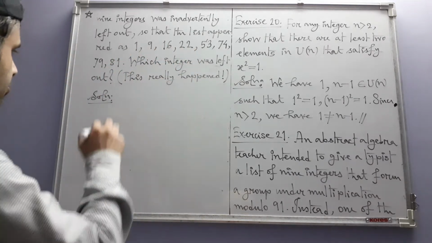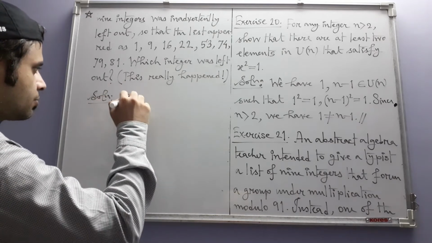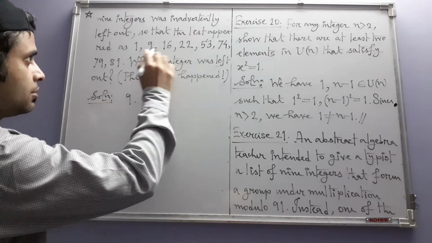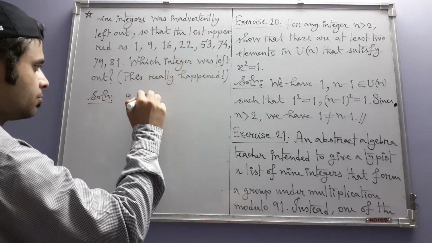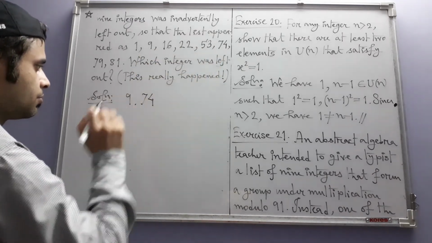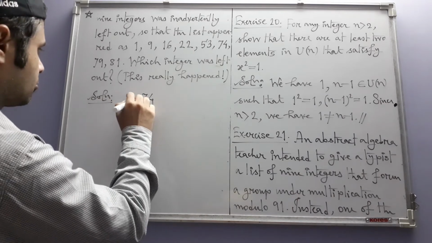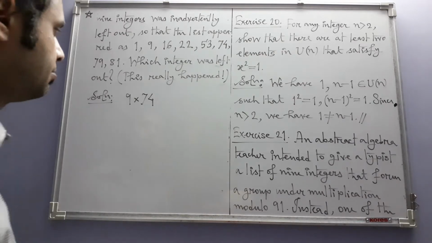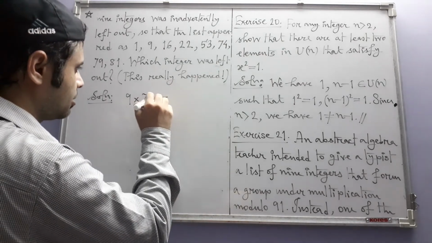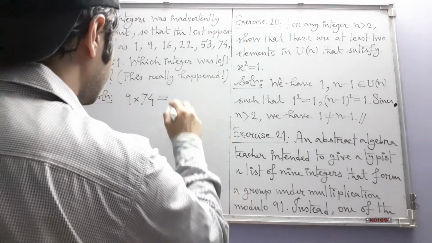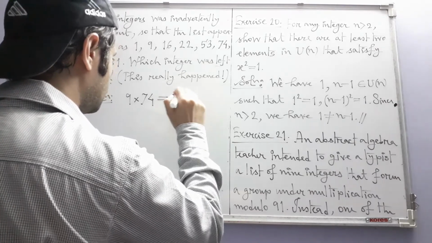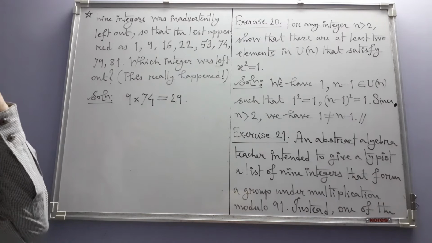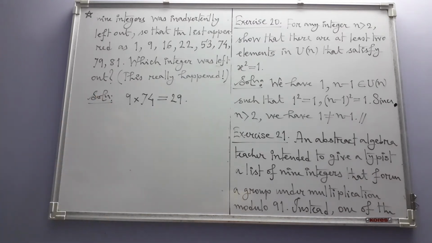And it turns out that if one takes the product of 9 and 74, modulo 91, okay, that should be kept in mind, then one gets 29. So that is the number that was left out from this list, the missing number.